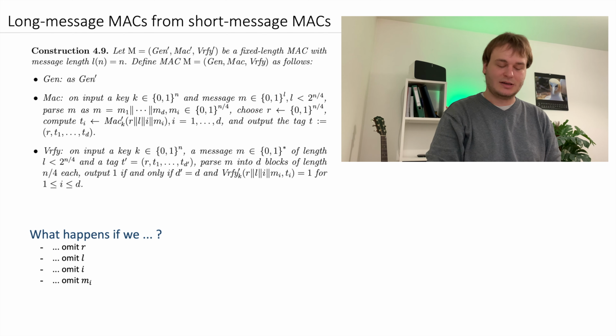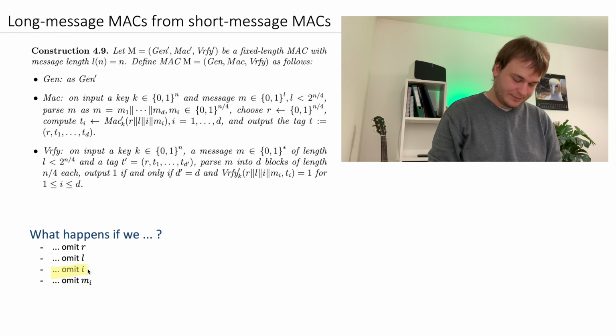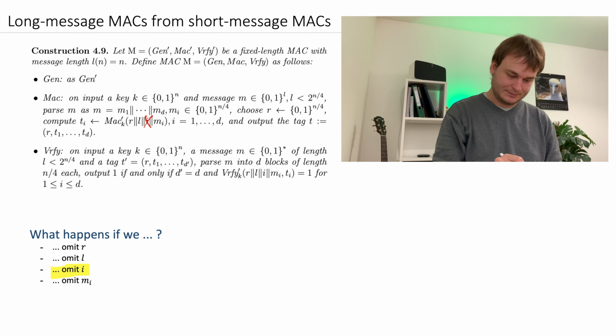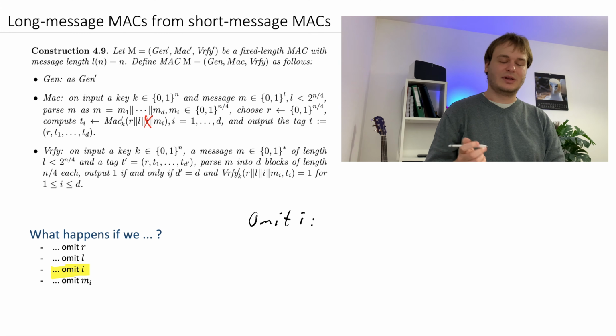Now for the next part, let's say we omit the I. So in the MAC, we won't add the index I for the message that is MACed for t_i. What happens then? How could we then break this whole scheme? The I is in there to make sure that an adversary cannot mess with the order of the tags or the order of the messages. So an attack would just go like this.